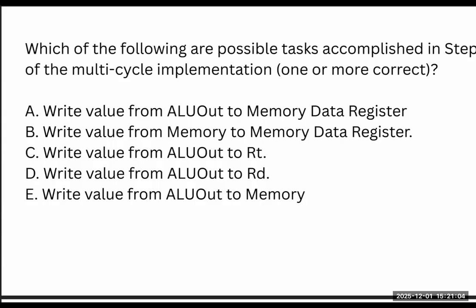B, write value from memory to memory data register. LW instruction, read from memory into MDR. C, write value from ALU out to RT. I type instructions, write ALU result to RT. D, write value from ALU out to RD. R type instructions, write ALU result to RD.